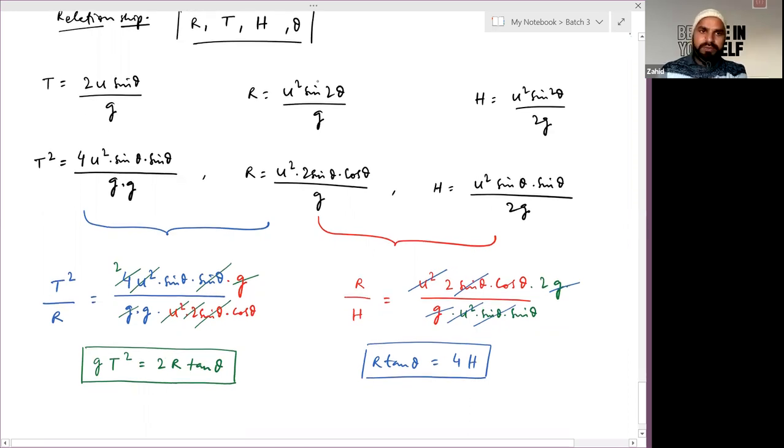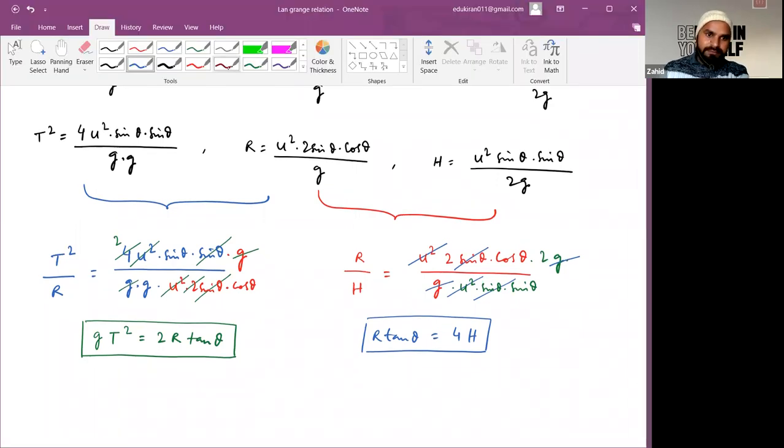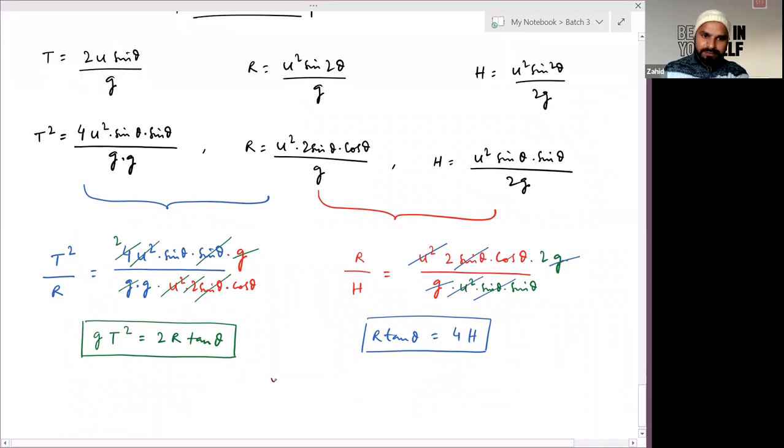Now we have to combine these relationships together. If you combine them, we have in this part 2R tan theta, but in this part just R tan theta. So if you multiply this term by 2, you will get g t squared equals 2R tan theta equals 8H.